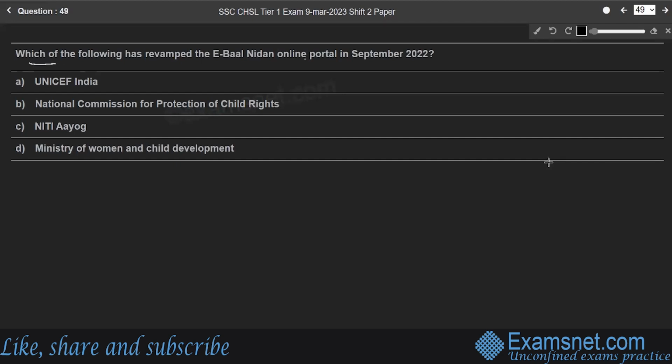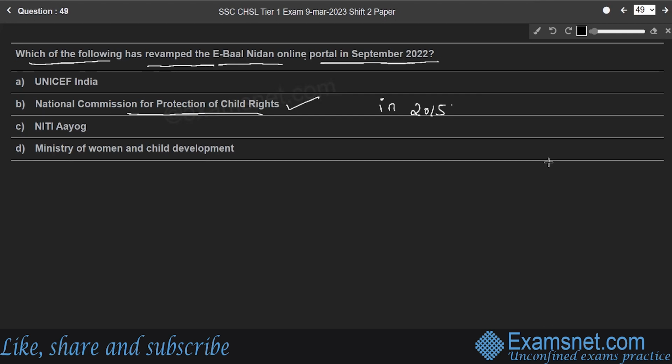Question 49. Which of the following has revamped the E-Baal Nidan online portal in September 2022? Here, option B is the answer, National Commission for Protection of Child Rights. Right? E-Baal Nidan is an online complaint mechanism launched in 2015 to enable individuals to report violations committed against a child and track them.